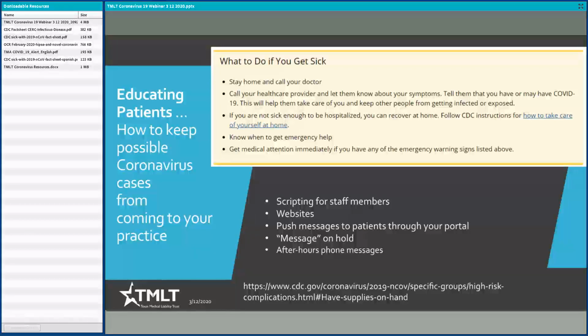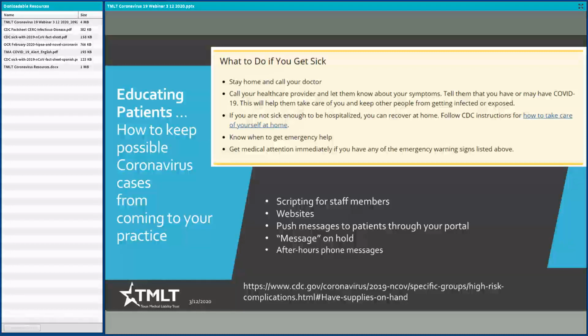I think from your perspective of your practice, educating your patients on and making sure that they know how to prevent coronavirus cases from coming into your practice is key. The CDC website is full of information about what you should do if you're sick or if you get sick from a patient perspective.